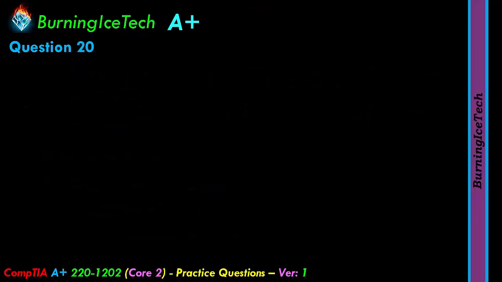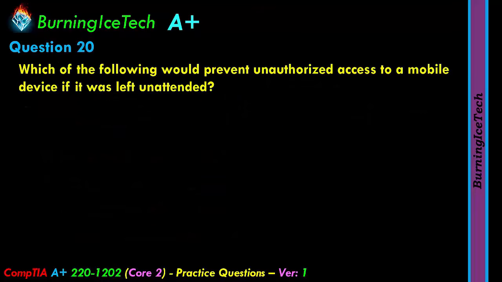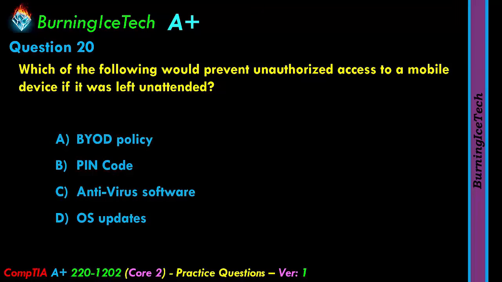Looking at question 20 here, guys, which of the following would prevent unauthorized access to a mobile device if it was left unattended? This could be something like a phone or a tablet. What can help prevent somebody from gaining access to that device if it was left unattended on something like a table? Is it answer A, a BYOD policy? That's a bring your own device policy. No, guys.